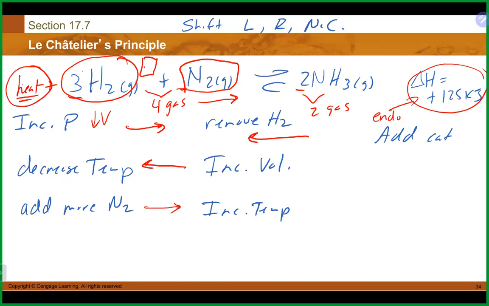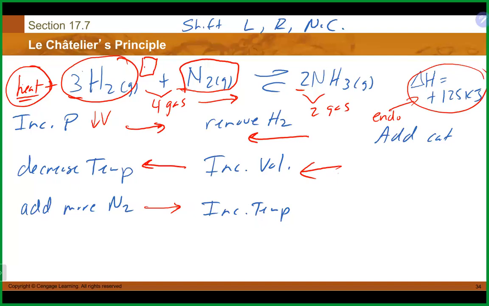If I increase the volume, that means I have a much larger area. So big volume means I need more gas molecules to fill it. And as we earlier determined, the left-hand side has more gas molecules, so it will shift to the left in this case.